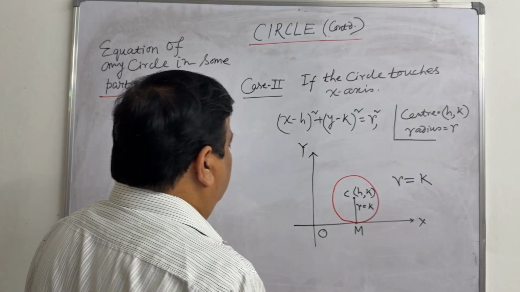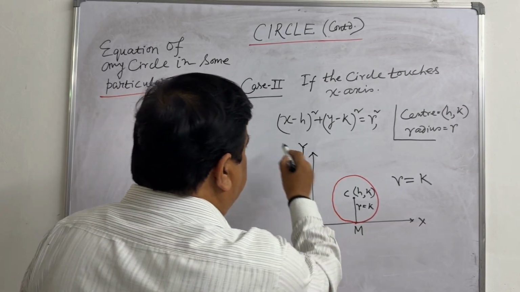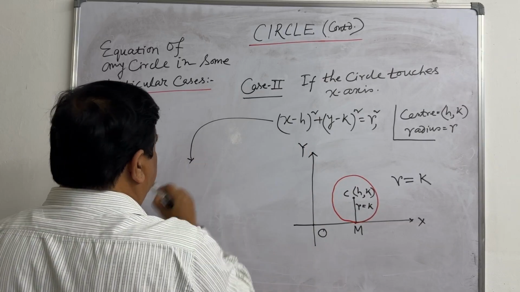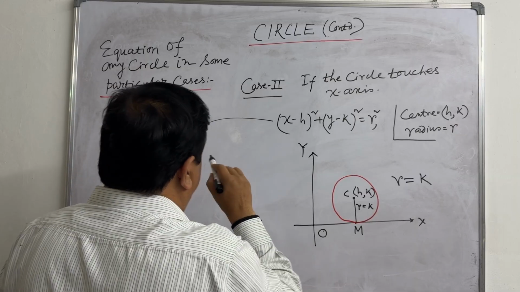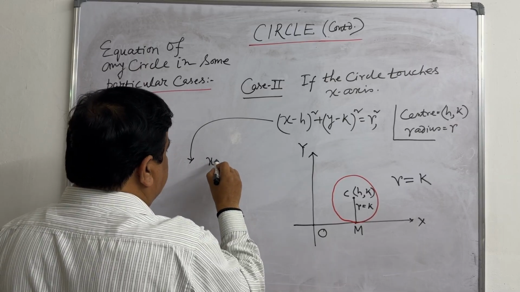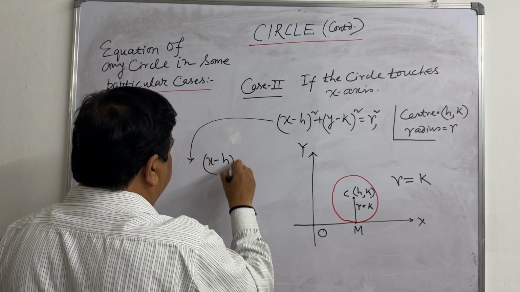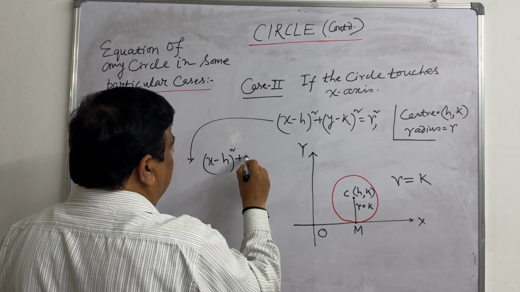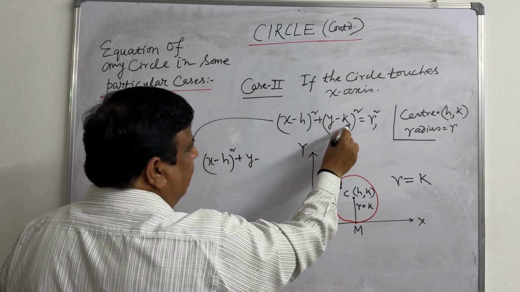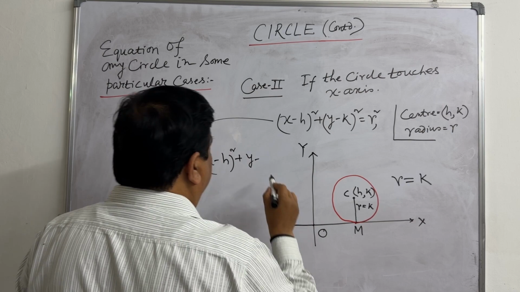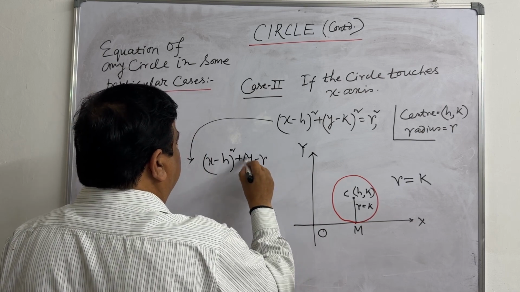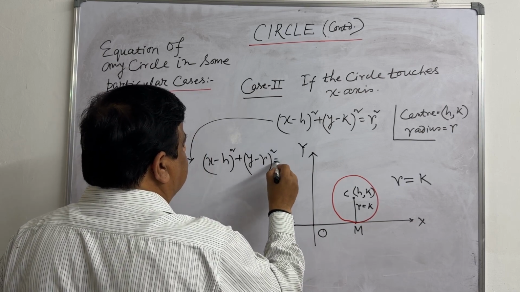Now, what will be the equation? Use this equation, (x minus h) whole square plus (y minus k) whole square, where k is equal to the radius r, is equal to r square.